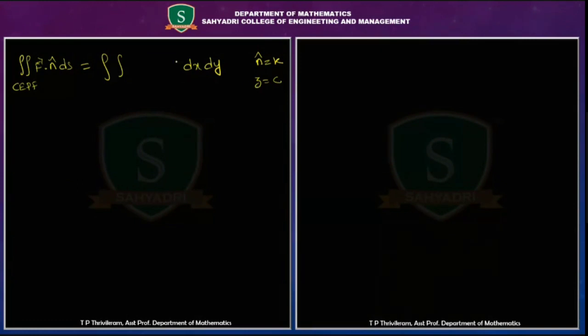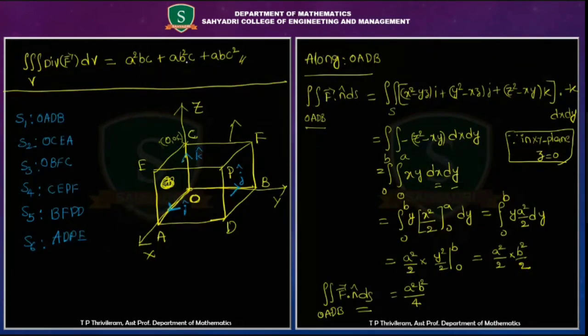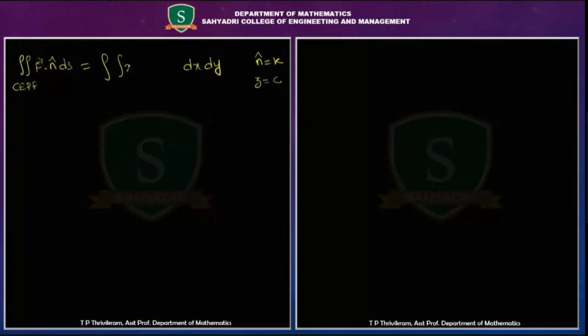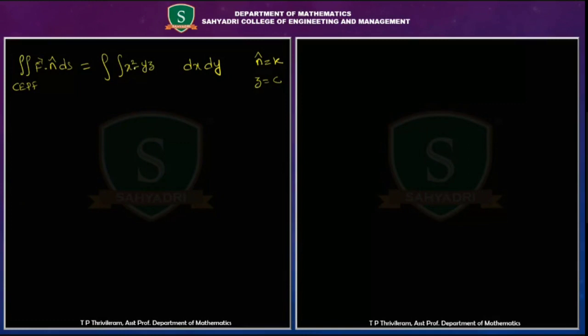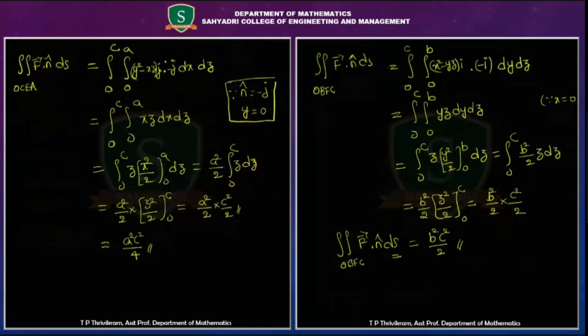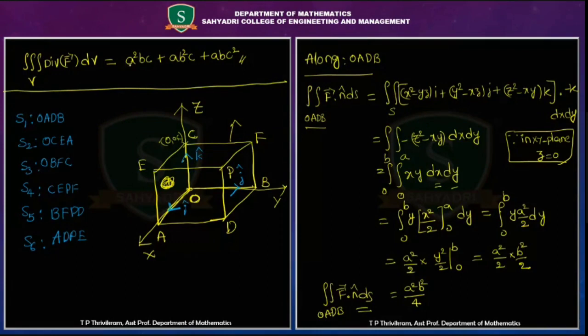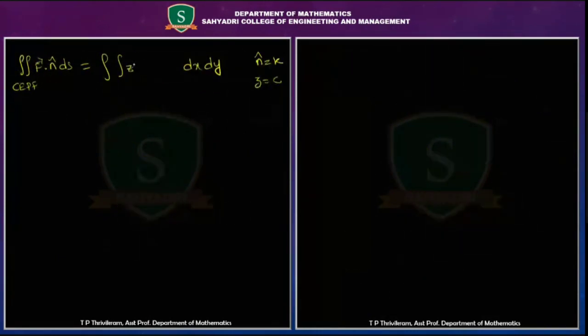So here f dot n cap value will be how much? I quotient. I quotient is x square minus yz into I. K quotient you have to take. Z square minus xy into k dot k.